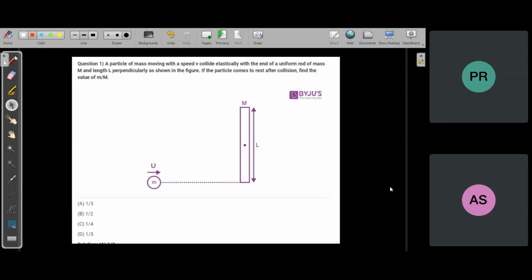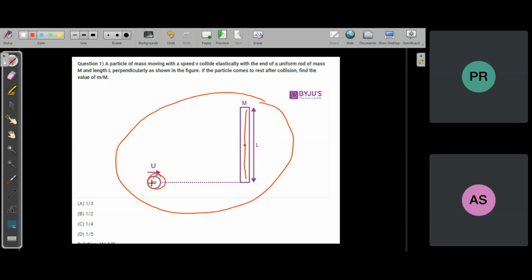The rod is not vertical. The rod is kept on the floor, horizontal, lying on the floor. This is also on the floor, moving.